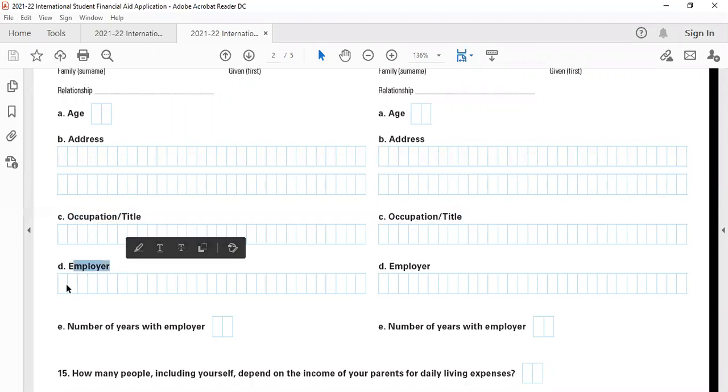And mention the employer name, whatever the company that they are in, whether they are a government employee, so you can mention Government of India, or if they are in a private firm, maybe TCS, so you can mention Tata Consultancy Services over here. Or if they have their own business, you can enter the business name over here.